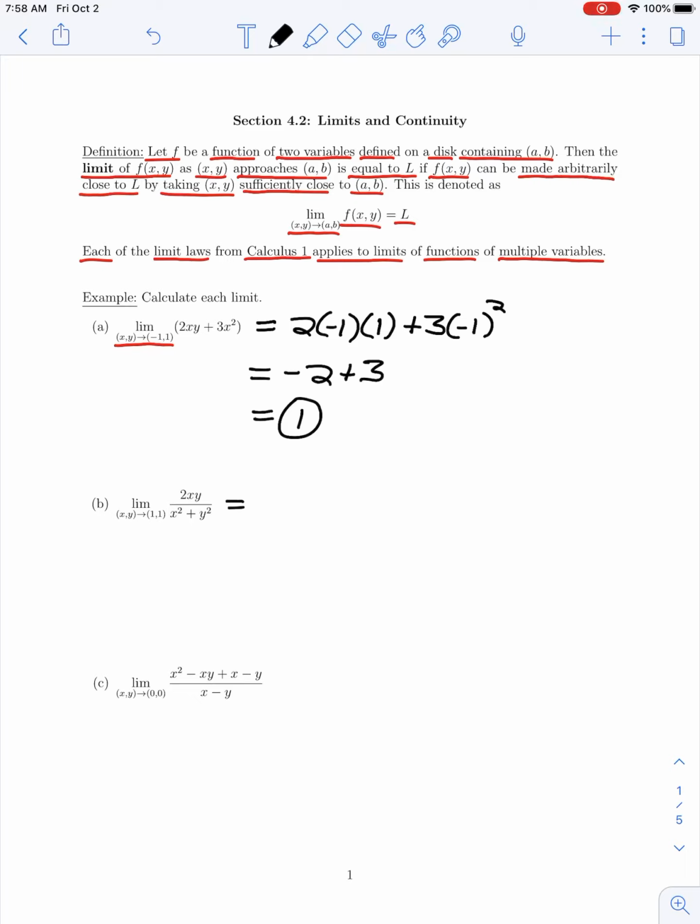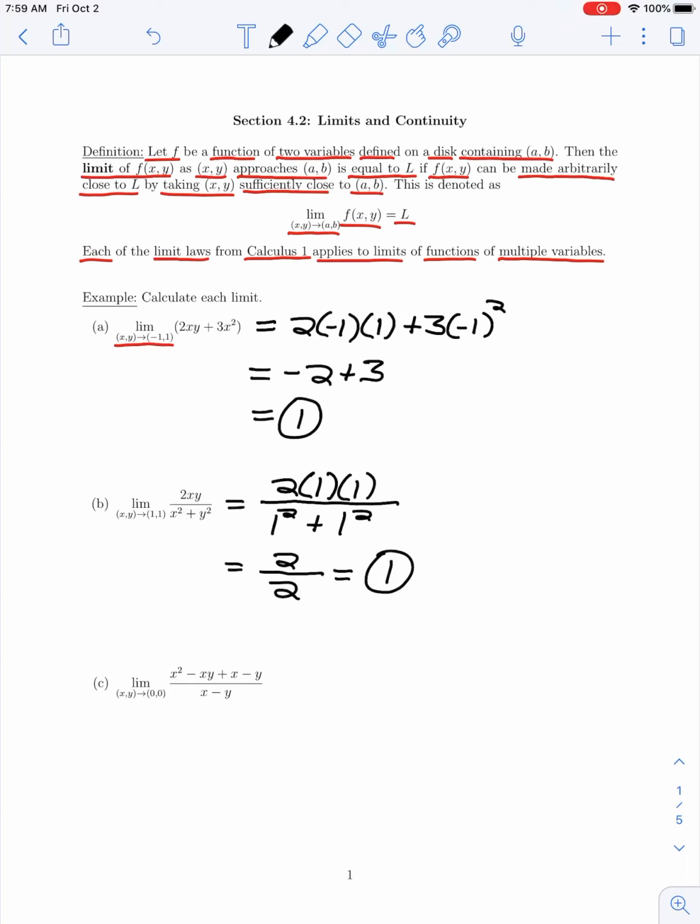So here we were approaching the point (1, 1). So we could try evaluating our function at x and y equals 1. And we have a numerator of 2 and a denominator of 2, so our limiting value is 1.